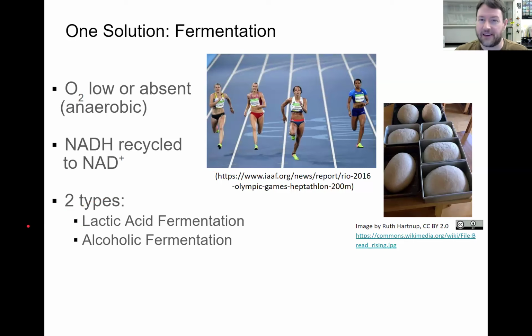Glycolysis happens very, very quickly in the cytoplasm, and it produces a quick burst of ATP. So sprinters are relying on lactic acid fermentation to keep that glycolysis going for that quick energy. But you can't sprint forever, right? Marathon runners are doing aerobic cellular respiration.